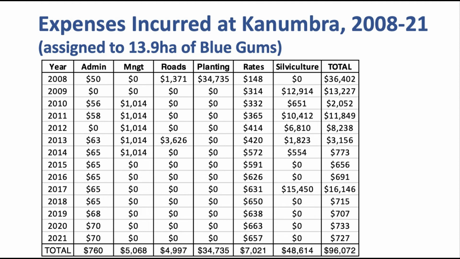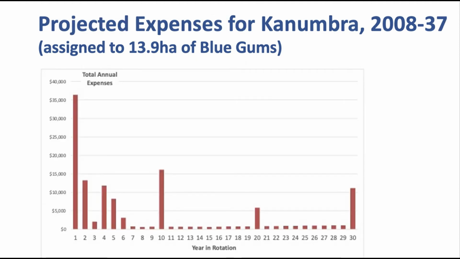And one can see that for this 13.9 hectares of blue gums at Penumbra, over those first 13 years, there's been a total expenditure of something like $100,000. And this can be shown graphically here, that there's a major upfront cost for the plantation establishment, but then there are continuing costs, and particularly for silviculture, at various points during those 13 years.